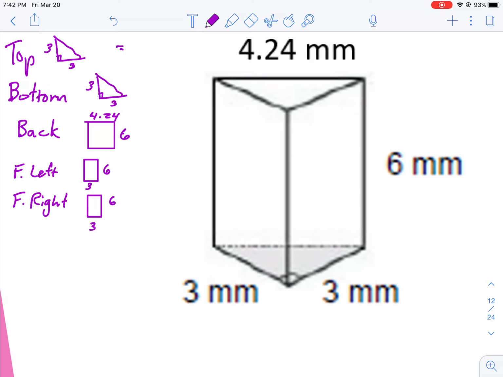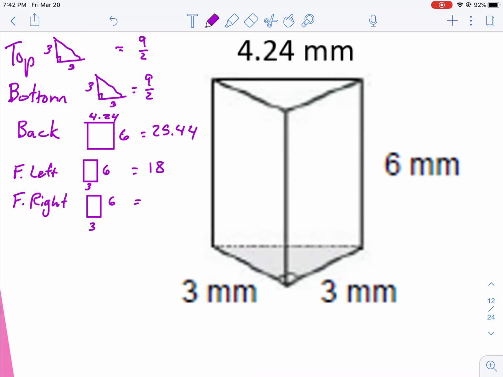Now, to find the surface area, you just have to find the area of each piece. So hopefully you're comfortable finding these areas. For a triangle, we're going to take half of the base of the triangle times the height. So 3 times 3 is 9, divided by 2 is 9 halves. This is 9 halves. 6 times 4.24 is 25.44. 6 times 3 is 18. 6 times 3 is 18.